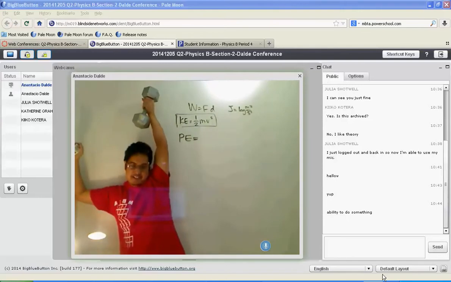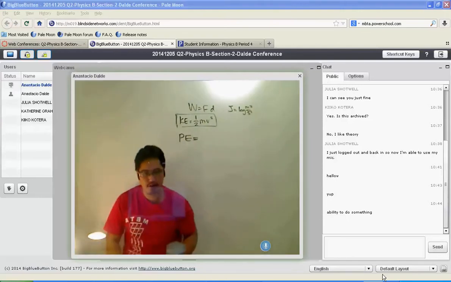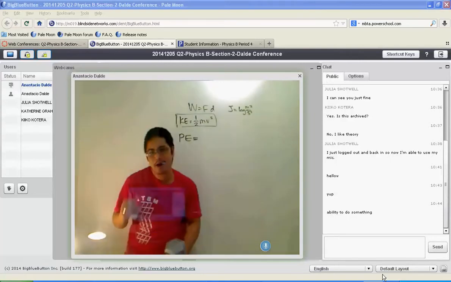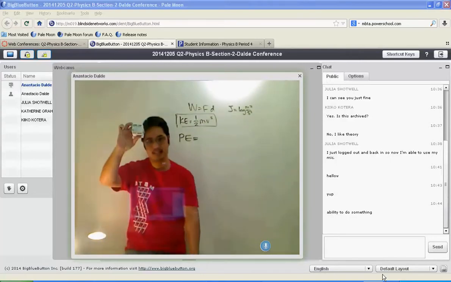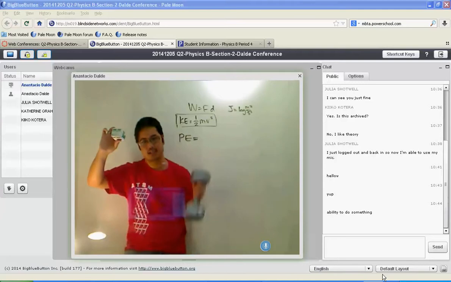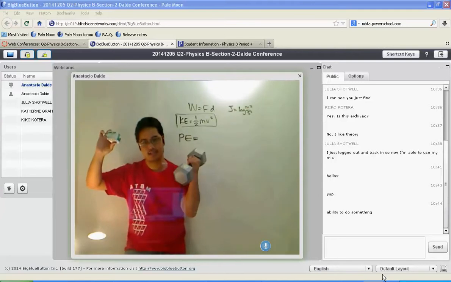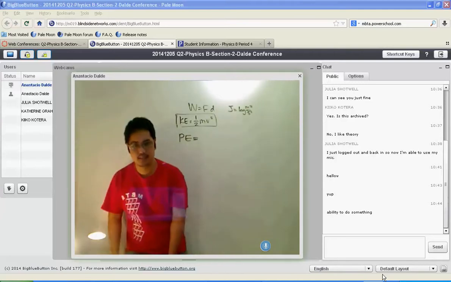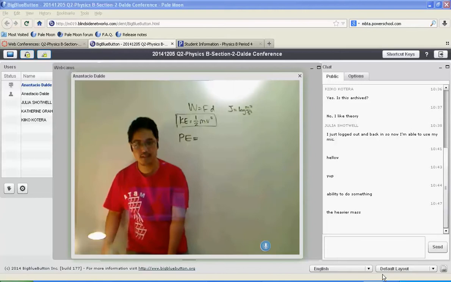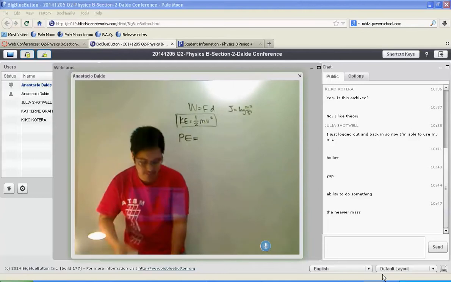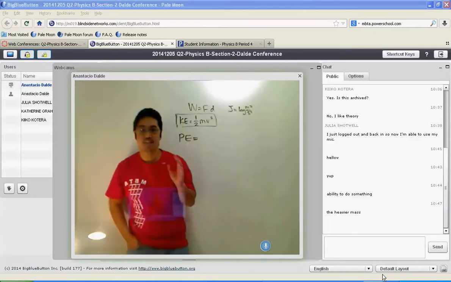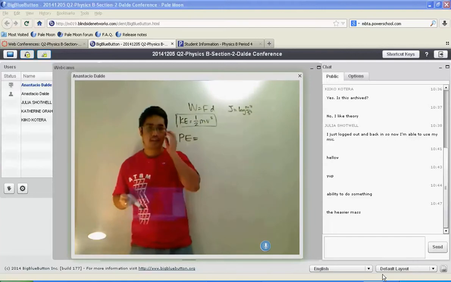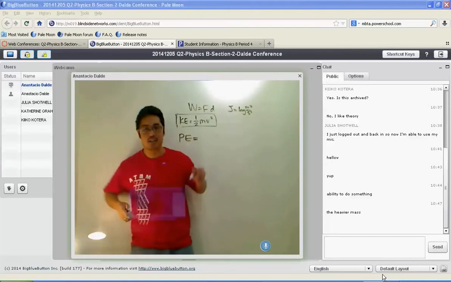and I drop it, which would you be more afraid of? Which would have the ability to cause more pain? This thing or this thing? Come on, talk to me, interact with me. The heavier mass, exactly. So the amount of potential energy is dependent on the mass.